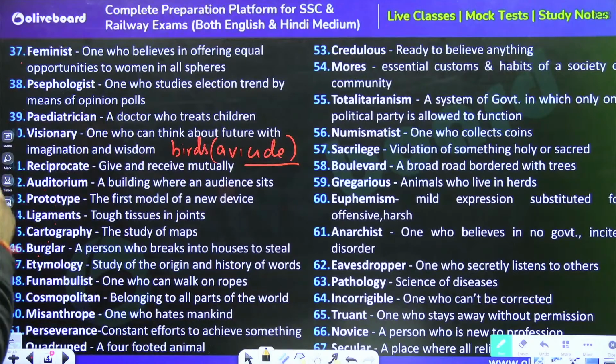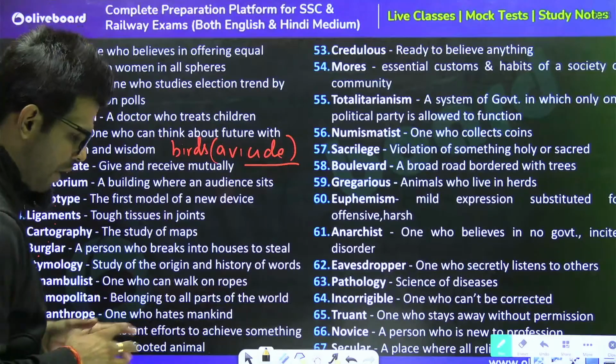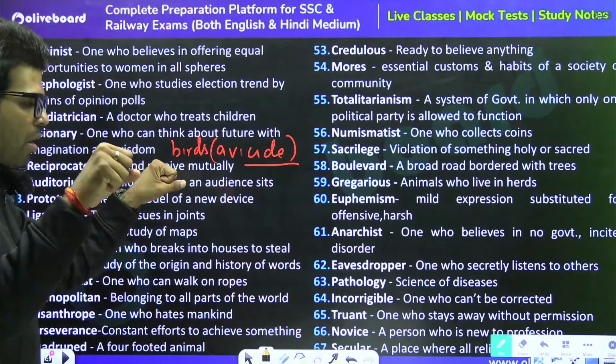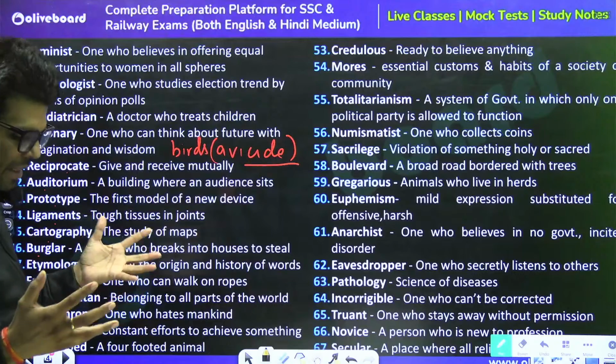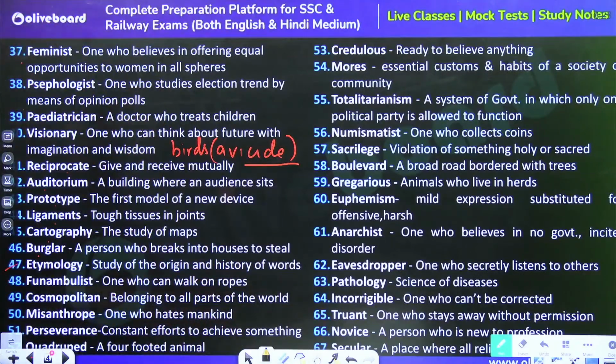We had that day the etymology, the origin of words, history of words, the root. Funambulist, equilibrist also. We have seen people, especially because of poverty, do so. There is a girl keeping some box in her hand, and then walking on that tightrope, maintaining her balance, is supposed to be a funambulist.